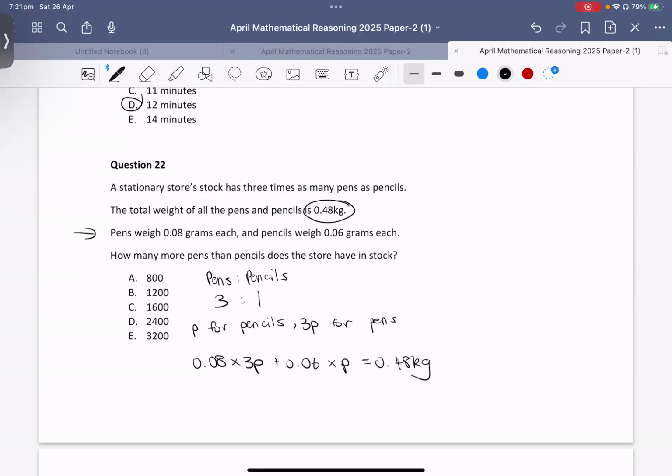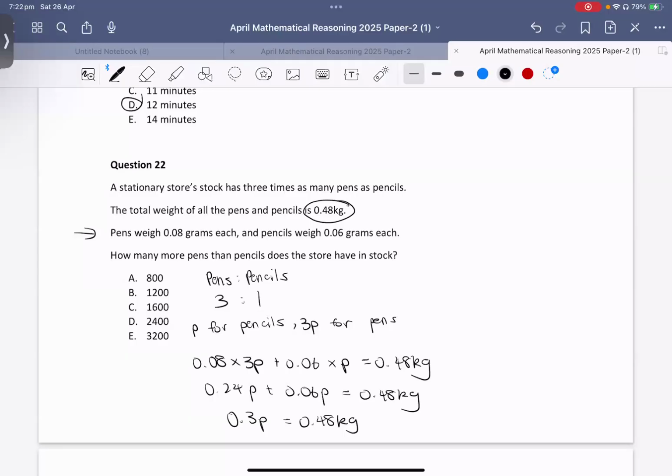We know that 0.08 times 3 is 0.24, and this would be just 0.06p, right? And that just means altogether that would be 0.3p equals 0.48 kilograms, right? And we can now solve this for just p itself.